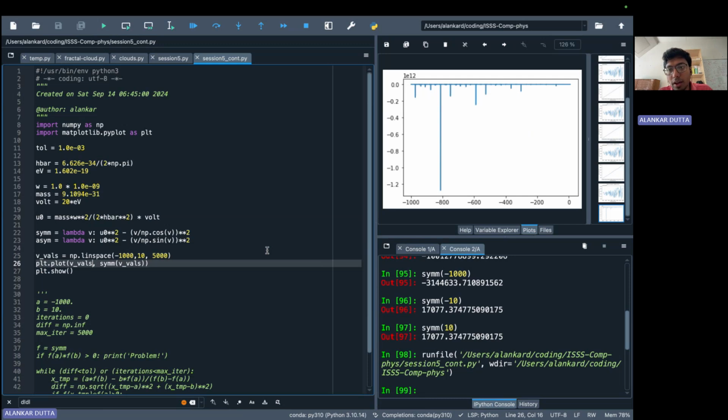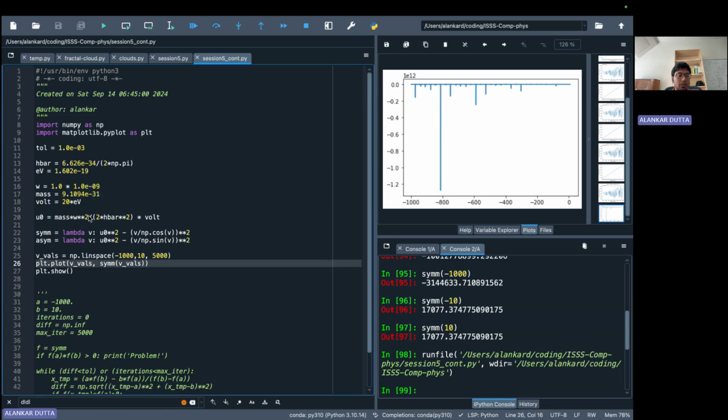So here we have some dips, and this clearly shows that we are hitting zeros at some points, right? And then there are negative values at some others. So let's not have such a large range, but have values which are close so that it's easier to visualize. So let's not go to minus 1000, but let's go to minus 100, right?